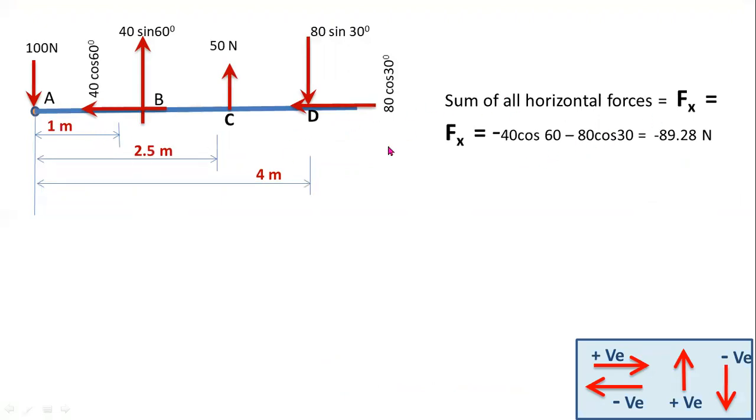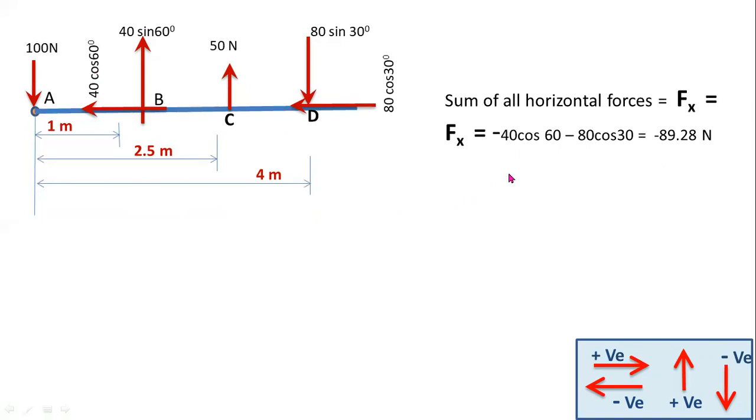Sum of all horizontal forces equal to: this one is minus, for the left side direction you have to consider the minus sign. So minus 40 cos 60. This one is also a horizontal force, minus 80 cos 30. These two are the horizontal forces. So the sum of all horizontal forces equals minus 89.28 newtons. For the left side direction, you have to consider the negative sign. That's why I consider the negative sign.